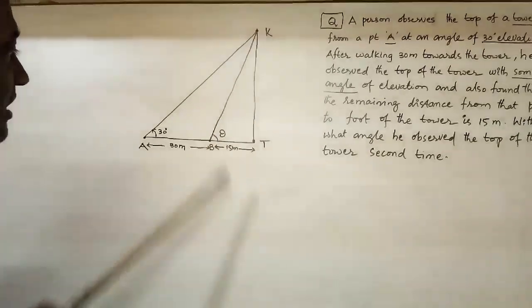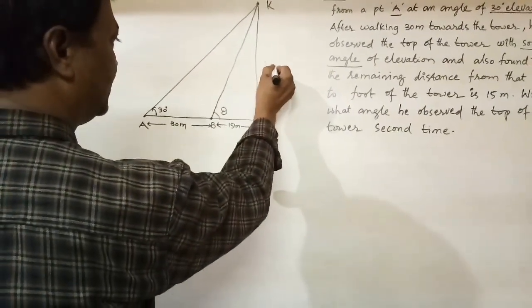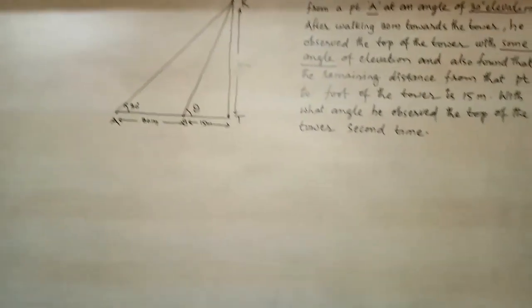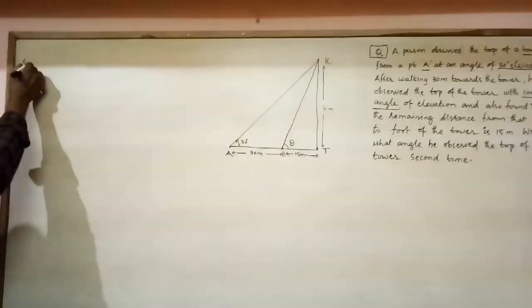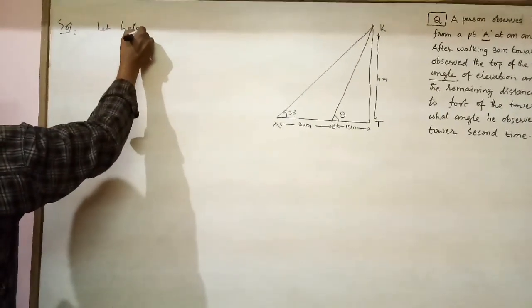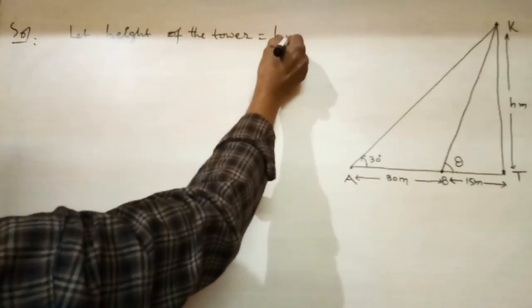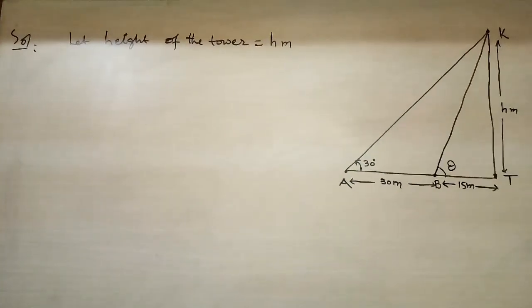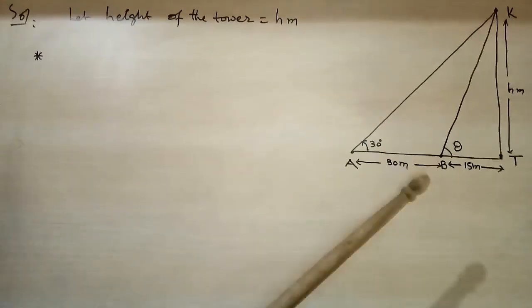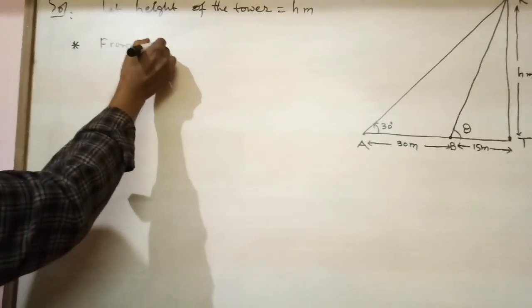To find theta, first suppose the height of the tower is h meters. Now, to find theta, I am first considering triangle KAT.